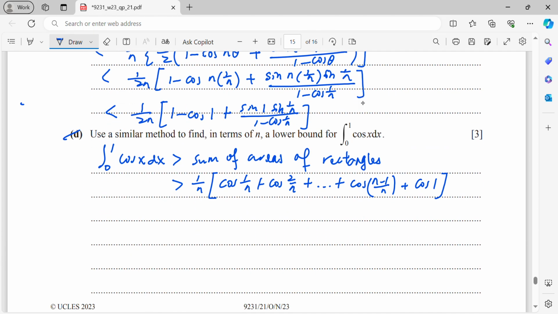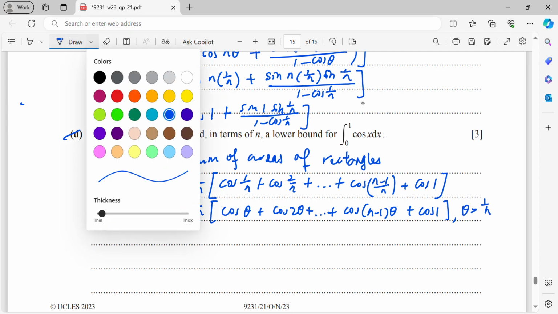Again, when you compare this with the theta in part 1, this is cos theta plus cos 2 theta plus until cos (n minus 1) theta, then plus cos 1, where theta is 1 over n.